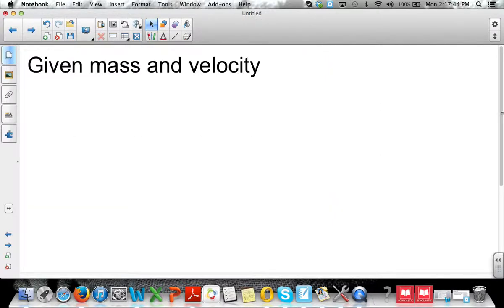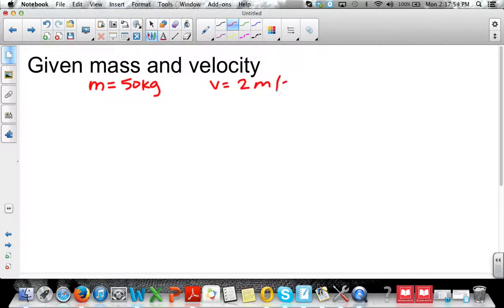Given mass and velocity, let's say M is 50 kilograms, velocity 2 meters per second. Exactly like we've done with F equals MA, I'm going to write my formula and then identify all my variables. So P is the one I don't know.